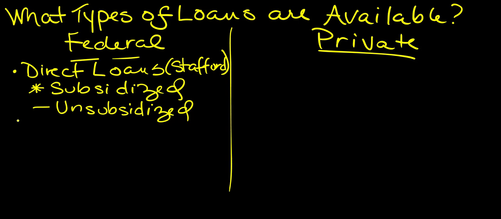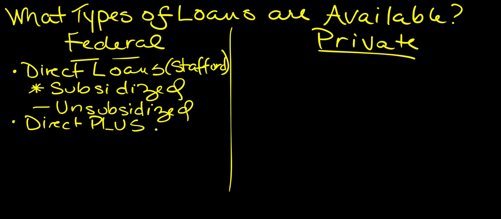So our next type of federal student loan is a Direct Plus loan. And these loans are available to graduate or professional students, and they're through the Department of Education. And these are a little bit different. They're going to require a credit check and some decent credit history.